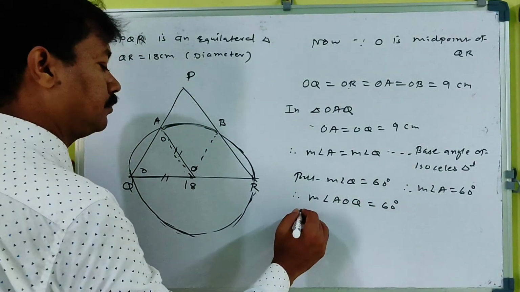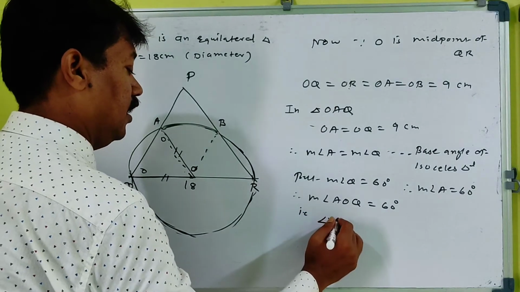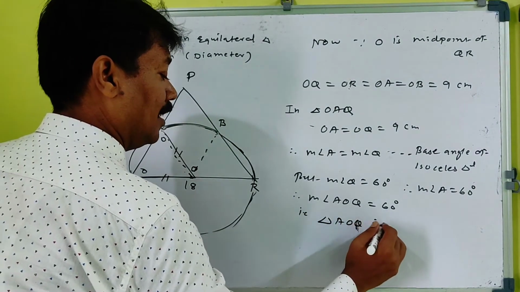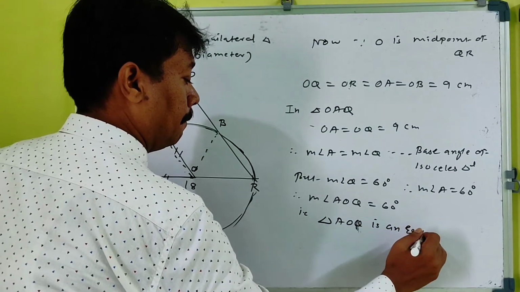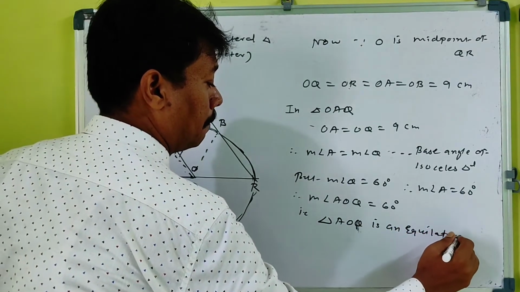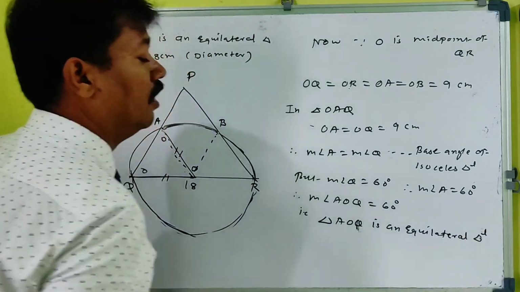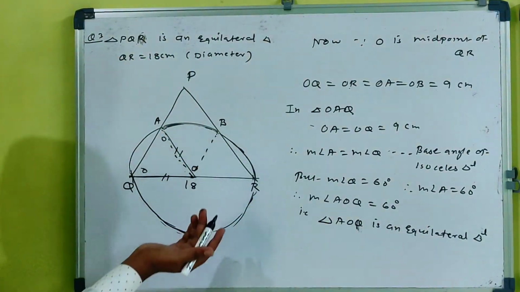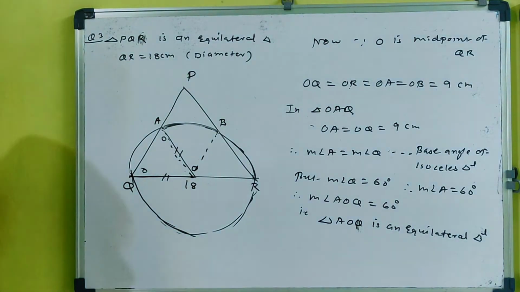That is, triangle AOQ is an equilateral triangle. This triangle becomes an equilateral triangle. So similarly, we can say that BOR.